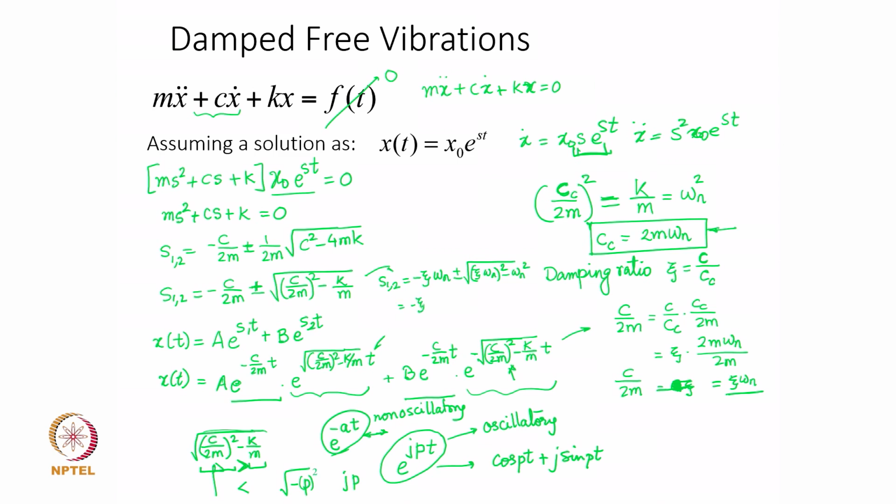Therefore, this becomes minus zeta omega n plus minus omega n, and if I take it outside, this becomes square root of zeta square minus 1. So, these are the expressions of the two roots. Now, in most mechanical systems, this normalized damping is typically less than 1, mostly.